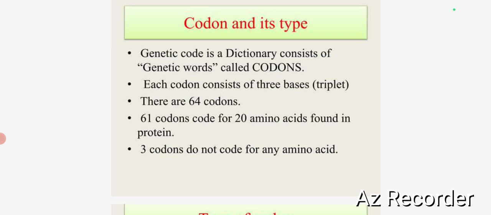Among the 64 codons, 61 code for the 20 amino acids found in protein. The remaining 3 codons do not code for any amino acids. These only code for stop signals.